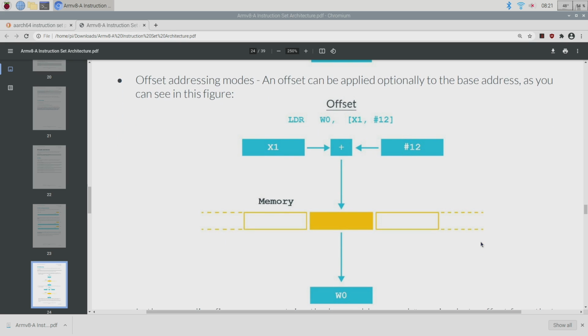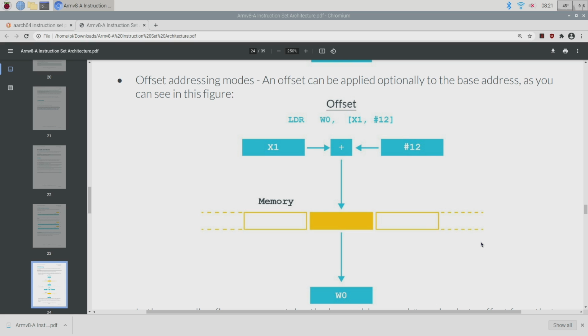Okay, good. But I can also have offset stuff. So for example here, this would say, all right, go off to X1, treat that number as a memory address, add the offset to it, okay, to get a new memory address, go to that memory address and load something in. Okay, so how did we use this instruction last time?